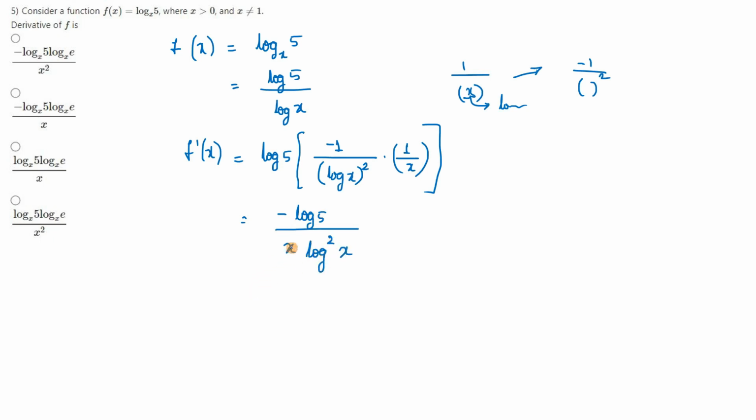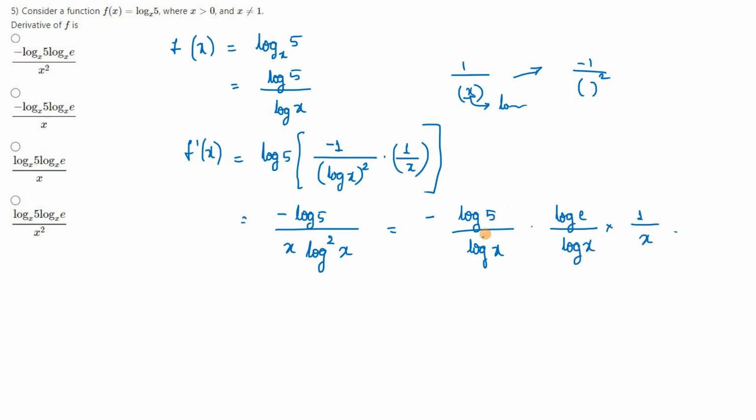Okay, so now I can write this as minus log 5 by log x into log e. So mind you that natural log of e is nothing but 1. So in place of 1 I am writing this divided by log x into 1 by x.